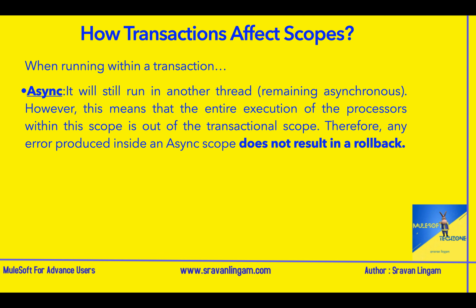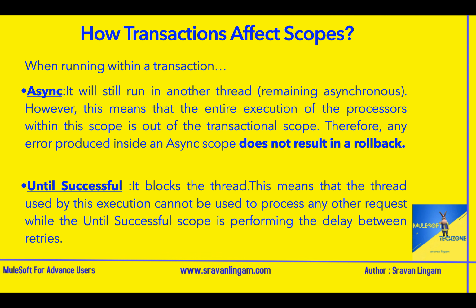Therefore any error produced inside the async scope does not result in rollback. So whenever you are trying to put transactional management in an async scope, please note that it will not roll back. Whenever an error occurs, because it is running in an asynchronous mode in another thread, it will never roll back. So if anyone asks you in an interview or anywhere, you can mention that rollback does not happen even though you are trying to put transactional management.